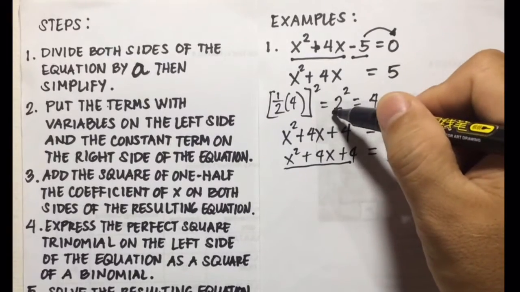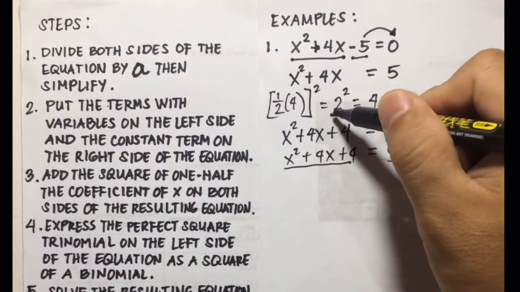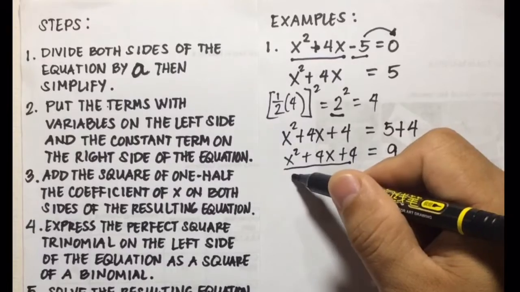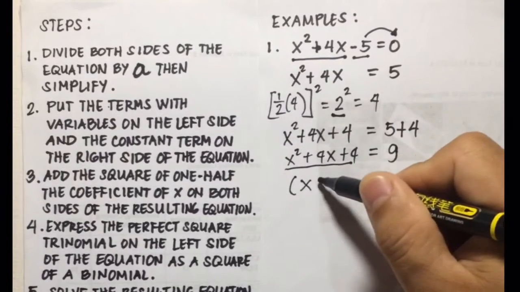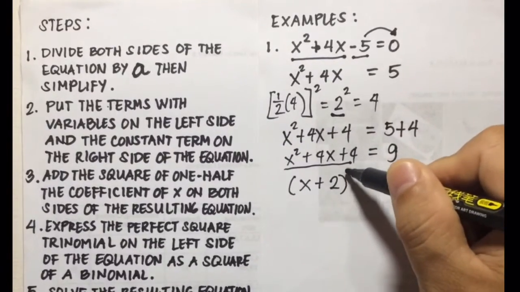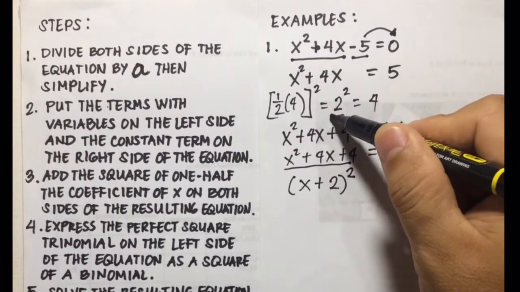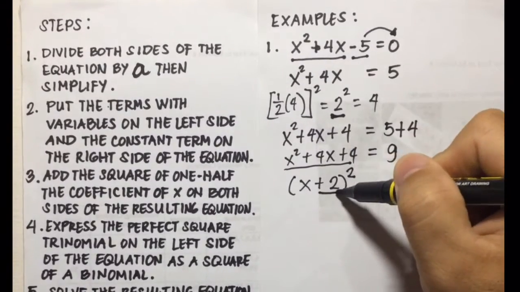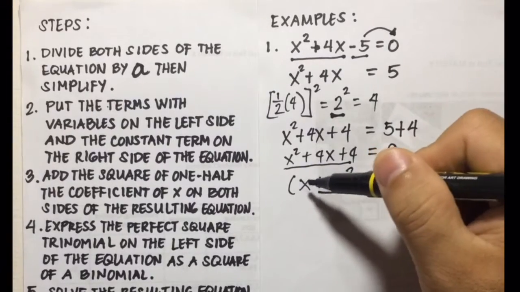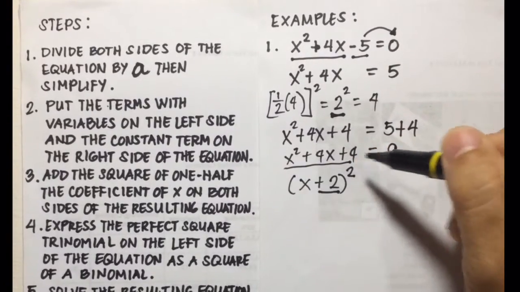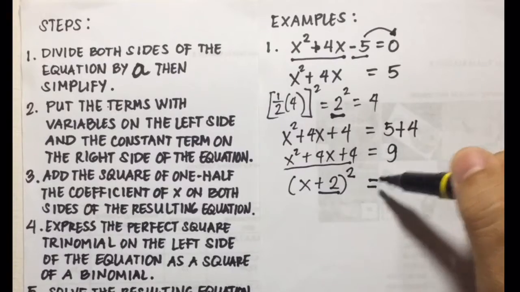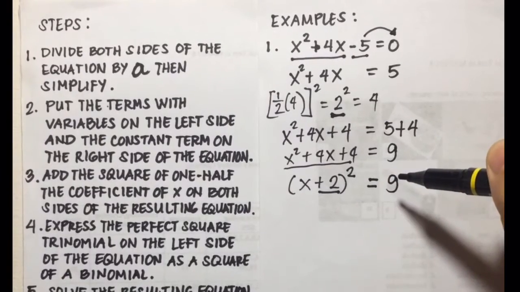So you're squaring here 2. So we're going to have it here as x plus 2 squared. So this is from the number that you square, so plus 2. So you're going to have that one as quantity of x plus 2 squared, then equals 9.